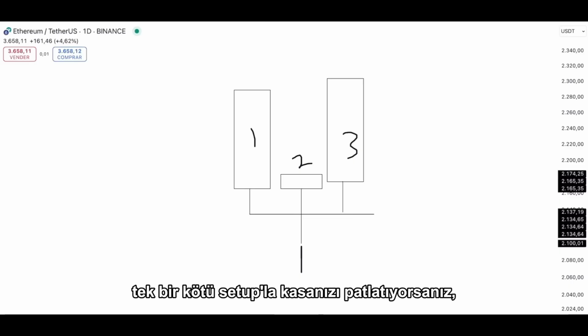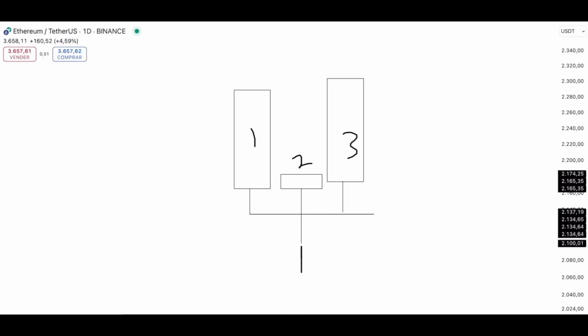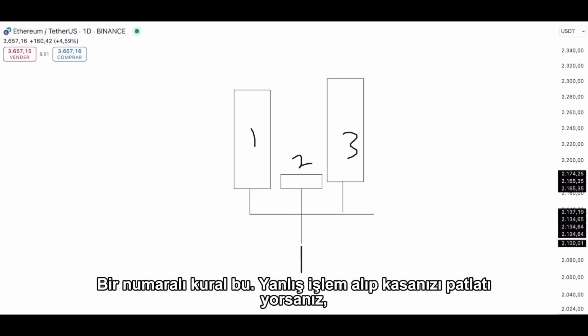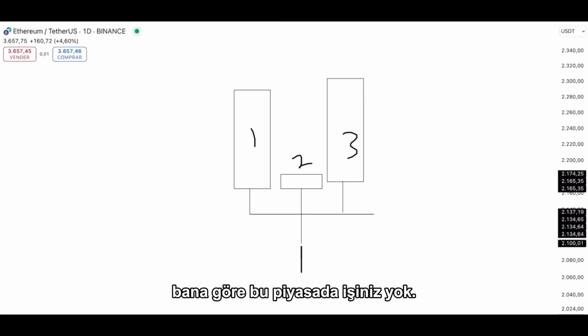First of all, if you blow your account because of one bad setup, you shouldn't be trading, right? Because you suck at risk management, right? That's number one. So if you're wrong and you blow your account, then you have no business trading, in my opinion, unless you address that mistake.